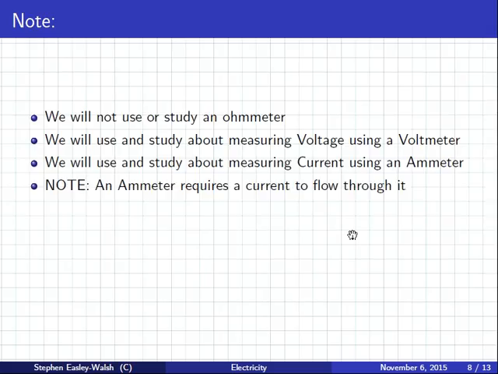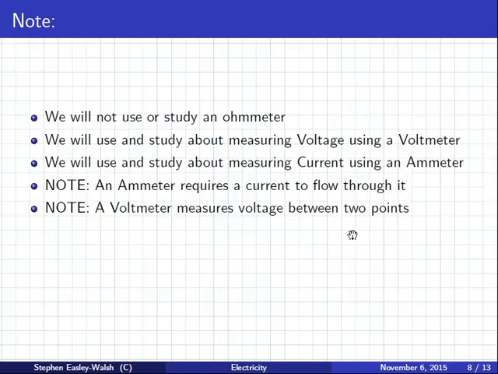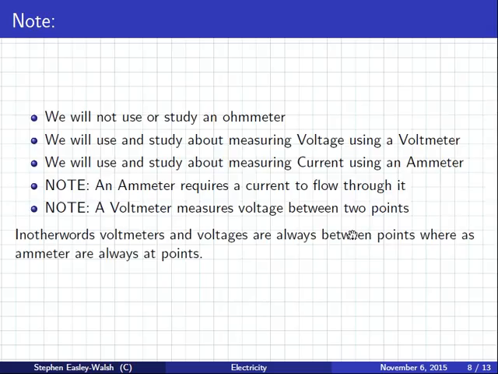ammeter. An ammeter requires the current to flow through it. A voltmeter measures voltage between 2 points. Remember I said that earlier. In other words, voltmeters and voltages are always between points, whereas ammeters are always at a point. So if this is the current, the ammeter goes into the current. So the current goes in the ammeter and out the ammeter.